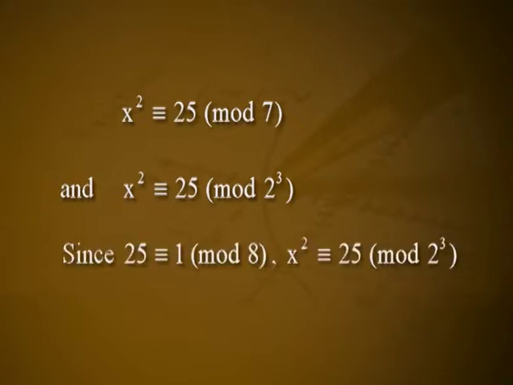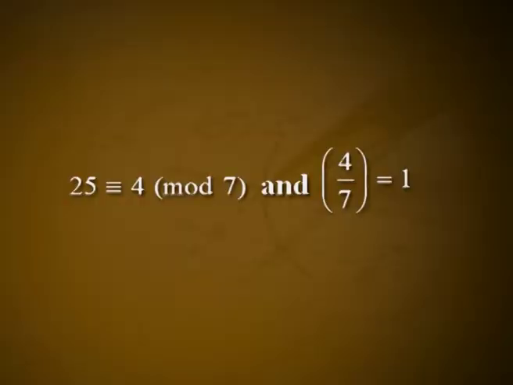Since 25 ≡ 1 (mod 8), x² ≡ 25 (mod 2³) has a solution. Also, 25 ≡ 4 (mod 7) and the Legendre symbol (4/7) is equal to 1, so x² ≡ 25 (mod 7) also admits a solution. Hence, the given congruence has a solution.